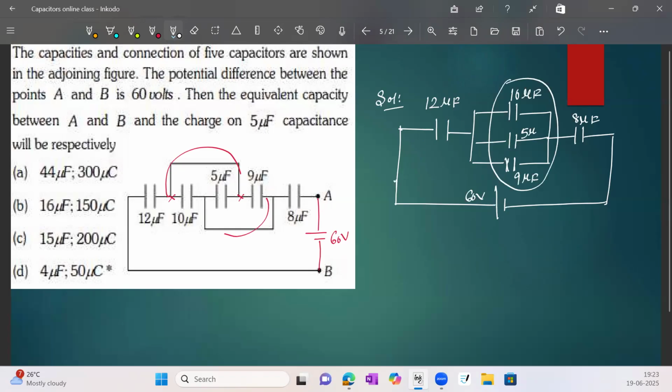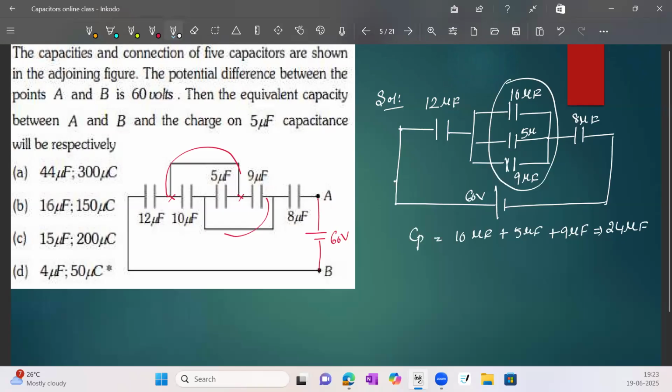are connected in parallel. For parallel, the formula is 10 microfarad plus 5 microfarad plus 9 microfarad. It becomes 24 microfarad. So this is the capacitance of the middle one.